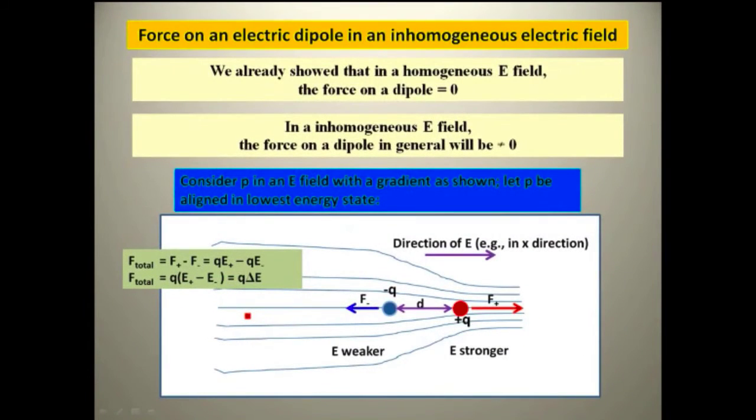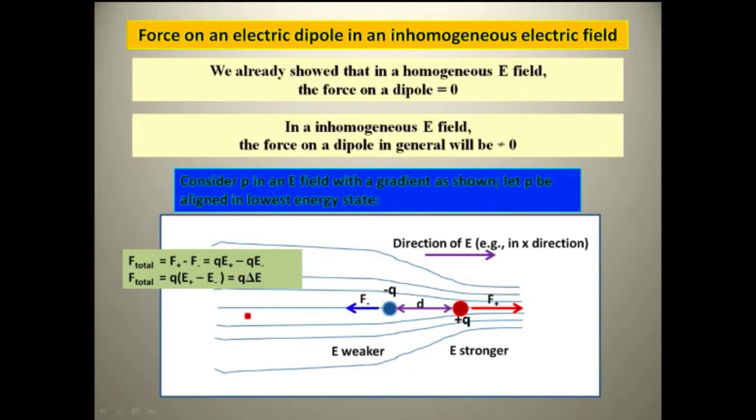Okay, now this is more subtle. This is looking at what is the force on an electric dipole in an inhomogeneous electric field. We've already shown that in a homogeneous E field the force was 0. In an inhomogeneous E field, the force on a dipole in general will not be 0.